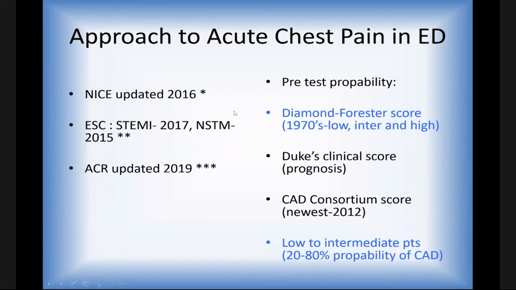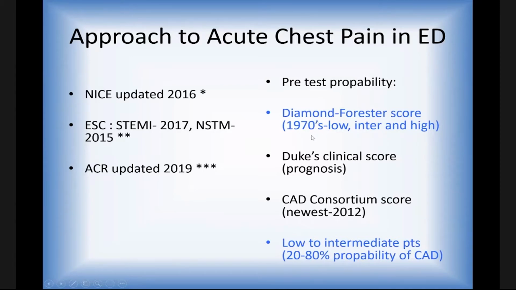Besides a clinical exam, a physical exam, and history taking, we also look at the pretest probability. There are a few scores that we use here. We use the Diamond Forrester score, which is a very old score. This score puts the patient into low, intermediate, or high risk probability of coronary artery disease.